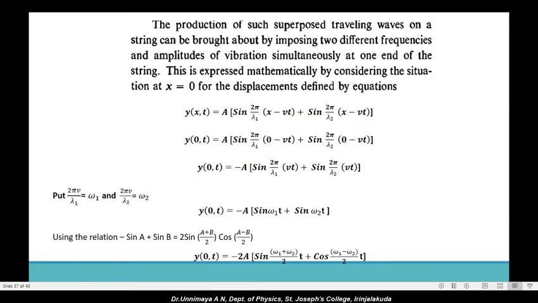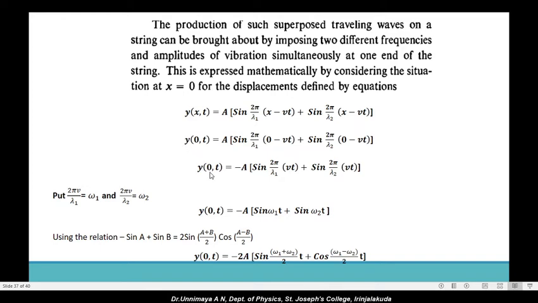So in order to get the superimposed solution, we consider the situation x is equal to 0. Then y(x, t) can be represented as y(0, t) is equal to a sine 2 pi by lambda 1 (0 minus vt) plus sine 2 pi by lambda 2 (0 minus vt). Sine of minus theta is minus sine theta.